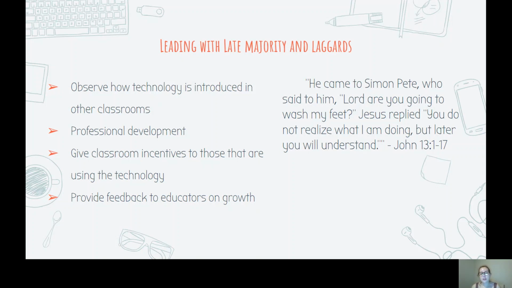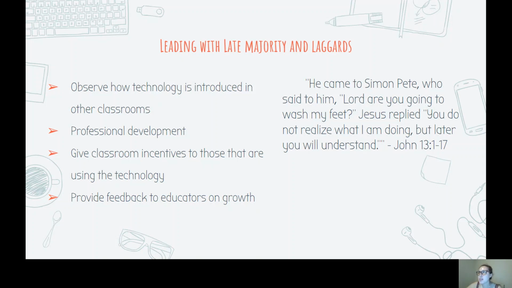If Christ was on this earth, I would feel like he would spend most of his time with the late majority and the laggards to nurture that relationship. So John 13:1-17 spoke to me, as it says, he came to Simon Peter, who said to him, Lord, are you going to wash my feet? Jesus replied, you do not realize what I am doing, but later you will understand.